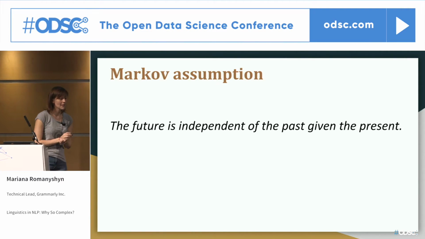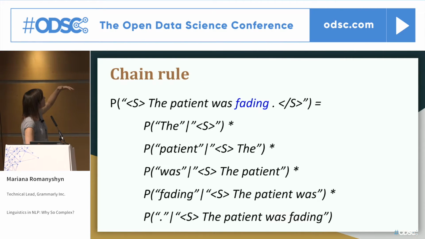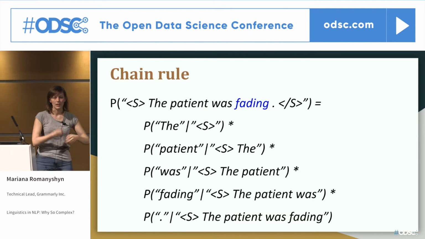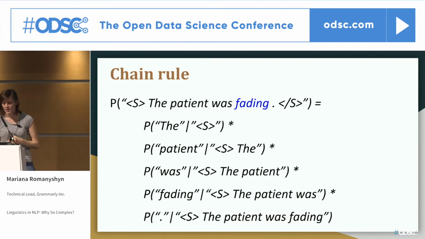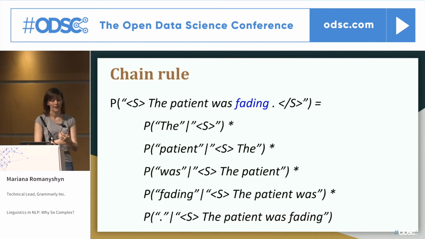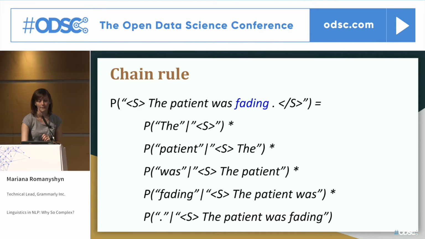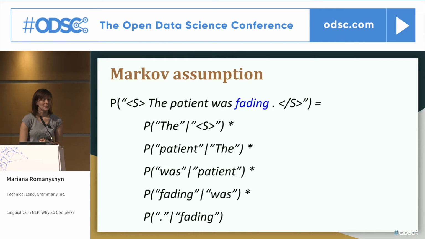So when we calculate the probability of the next token, instead of depending on the whole string of words, every next token only depends on the present token, right? We don't care about the past, we only care about what is now. So now is this token, and the next token depends only on this one. And our chain rule will be simplified like this, with the Markov assumption. We just cut the context.